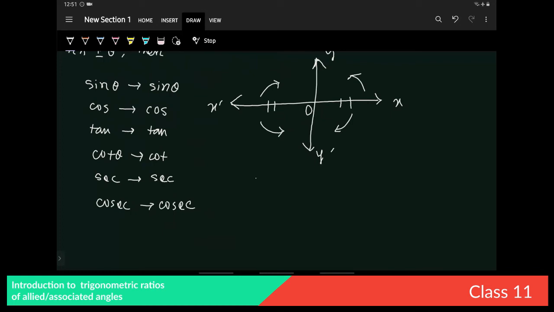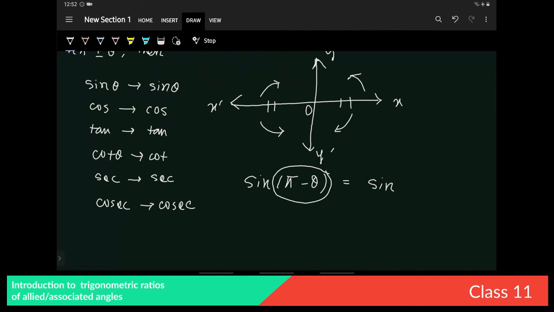For example, sine of pi minus theta: sine will remain sine, because pi minus theta is associated with the horizontal line.